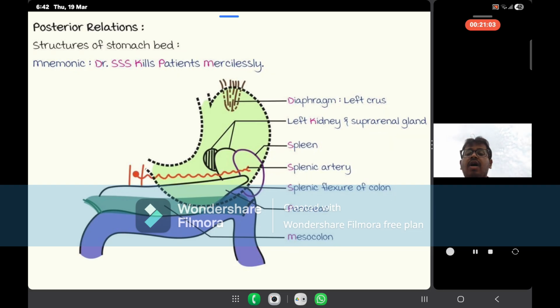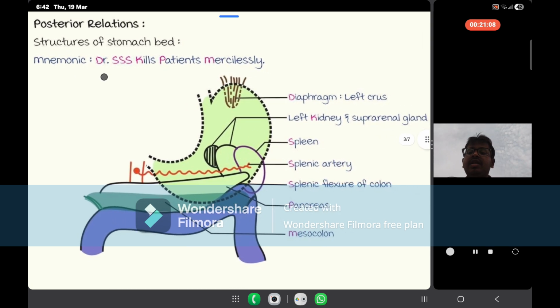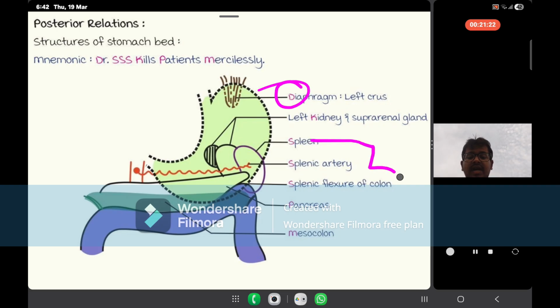You see how we understand the mnemonic: it is not in the order written from above to down. We have Doctor D for the diaphragm, and the three S are spleen, splenic artery and splenic flexure.